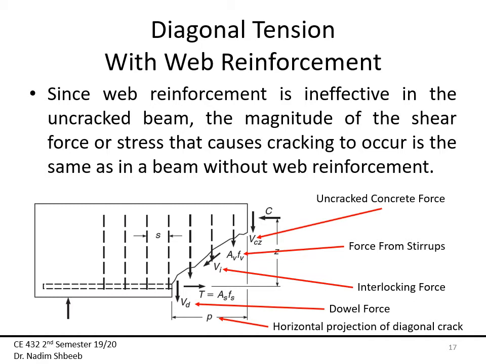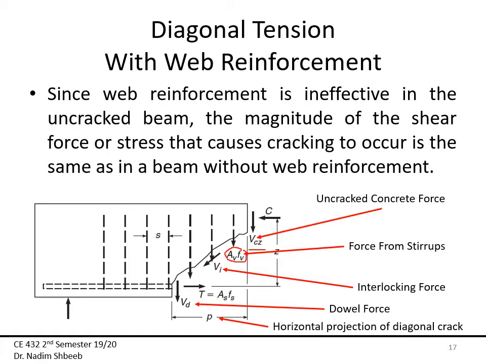So usually we will divide the shear resistance into the following parts. Part one is what we call the uncracked concrete force, which is usually the compression force. We usually call that Vcz, or it's the compression due to shear. Then I'm going to have the forces that are coming from my stirrup.